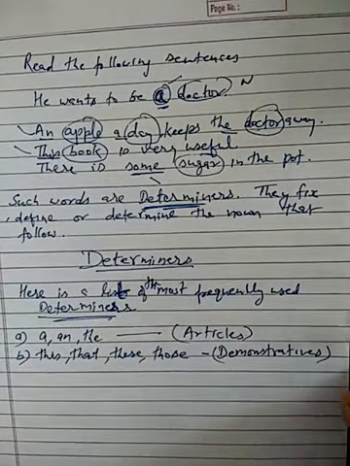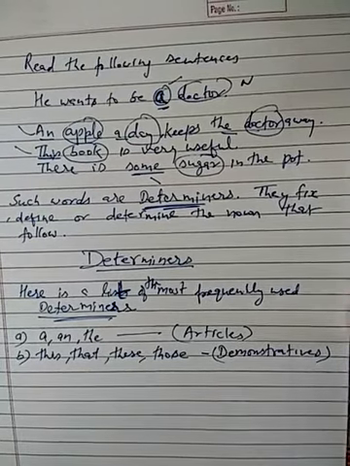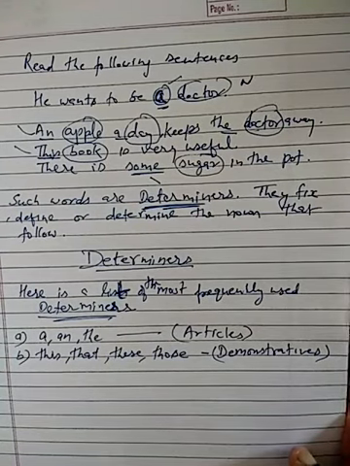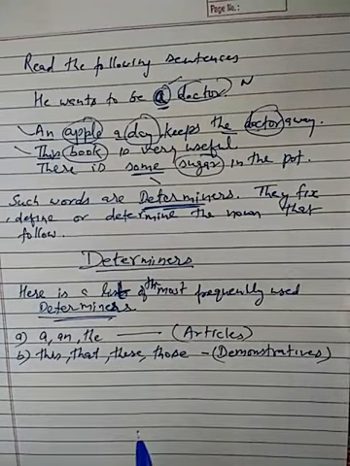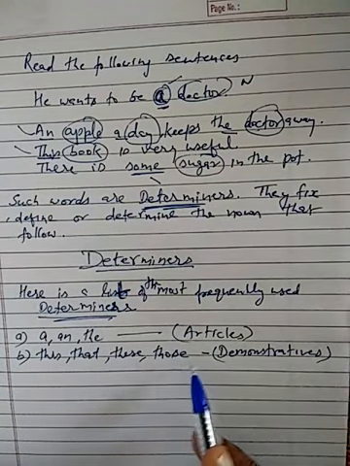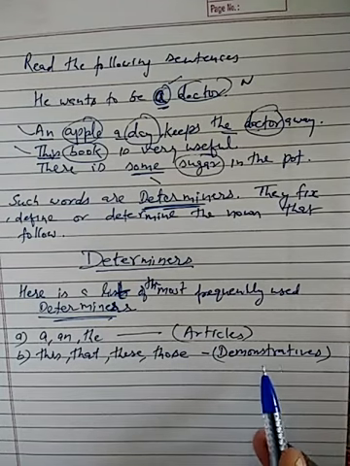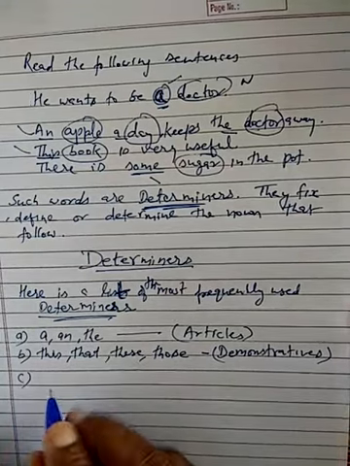Means there will be a noun after these words. When there is no noun after these words, like this and that, they will be used as a pronoun. Especially this, that, these, those. If a noun follows them, they are called demonstratives.